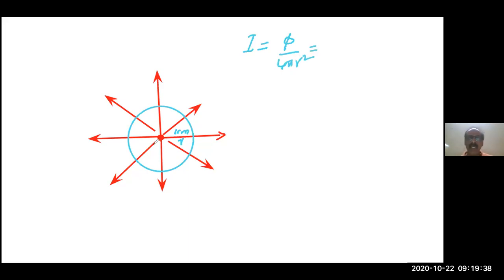For example, just imagine 1,000 photons are coming from this bulb. So the intensity is 1,000 divided by 4 pi into 1 squared, isn't it?